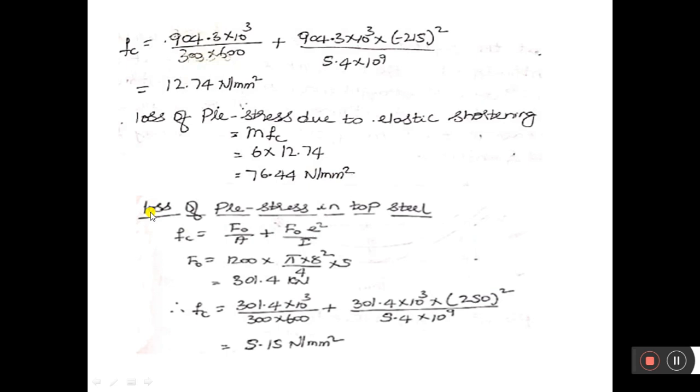Now considering the top steel, the loss of prestress in the top steel due to elastic shortening, the formula is M into Fc. So what is Fc for the top steel? Fc is equal to F naught by A plus F naught into E square by I. Here also the cable has constant eccentricity at the top, that is the cable is straight.